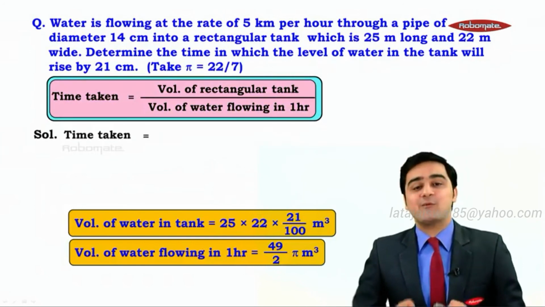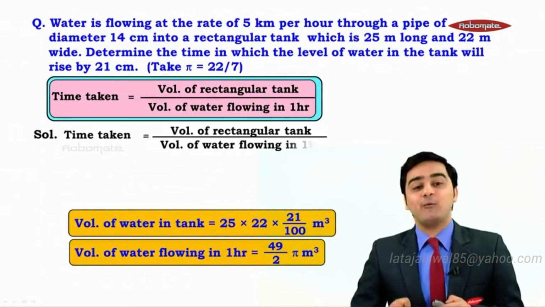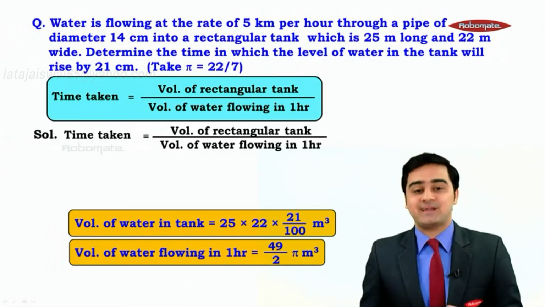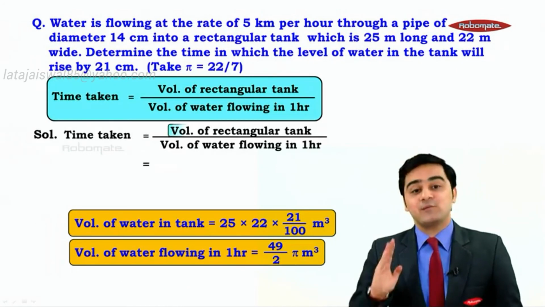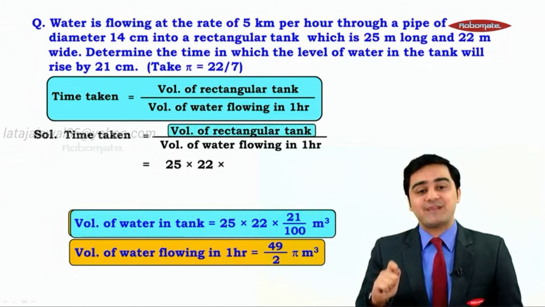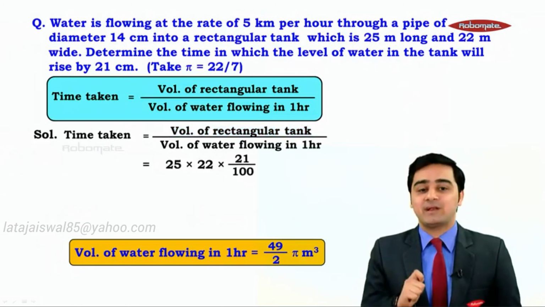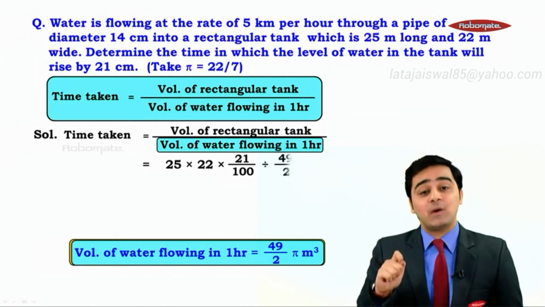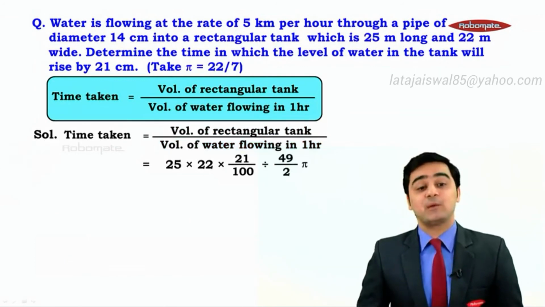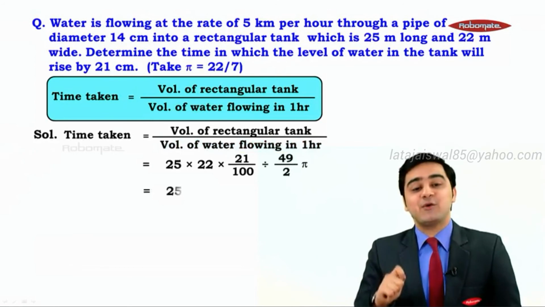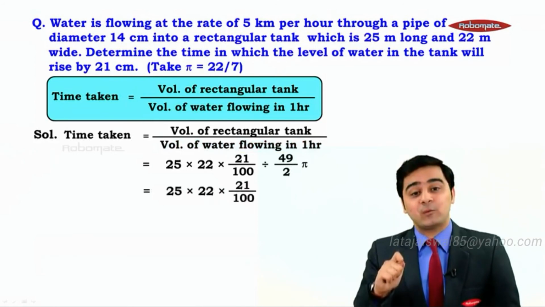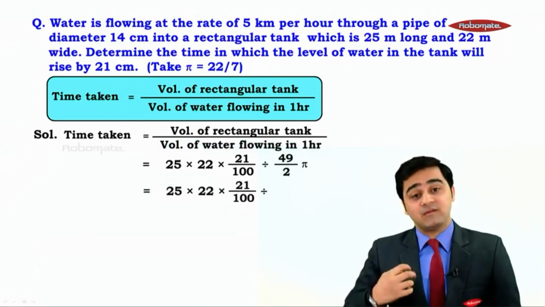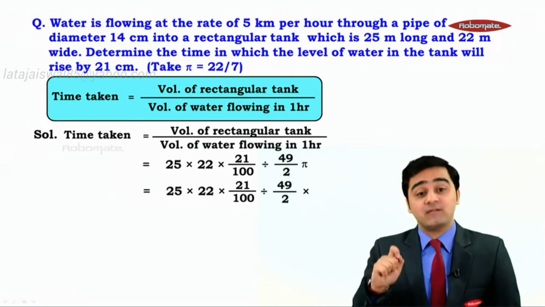Let's proceed further and now let us calculate time taken. We know that time taken is equal to volume of tank upon volume of water flowing through the pipe in 1 hour. Let us substitute the values. First, volume of rectangular tank is 25 into 22 into 21 upon 100 divided by the volume of the water flowing in 1 hour, which is 49 upon 2 pi. Now the next step is time taken is equal to 25 into 22 into 21 upon 100 divided by 49 upon 2, the value of pi.